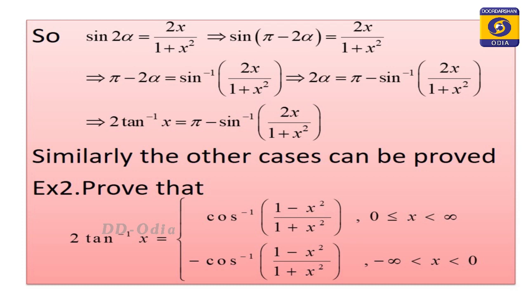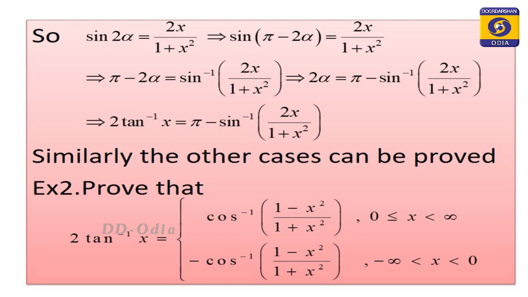So pi minus 2 alpha is sin inverse 2x by 1 plus x square. So 2 alpha is equal to pi minus sin inverse 2x by 1 plus x square. In place of alpha, write tan inverse x. So 2 tan inverse x is equal to pi minus sin inverse 2x by 1 plus x square.